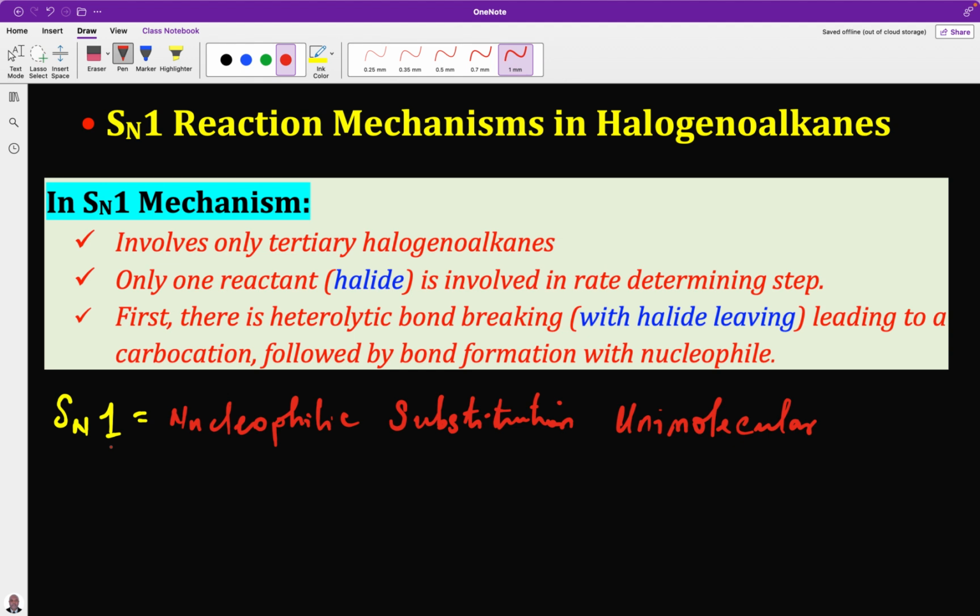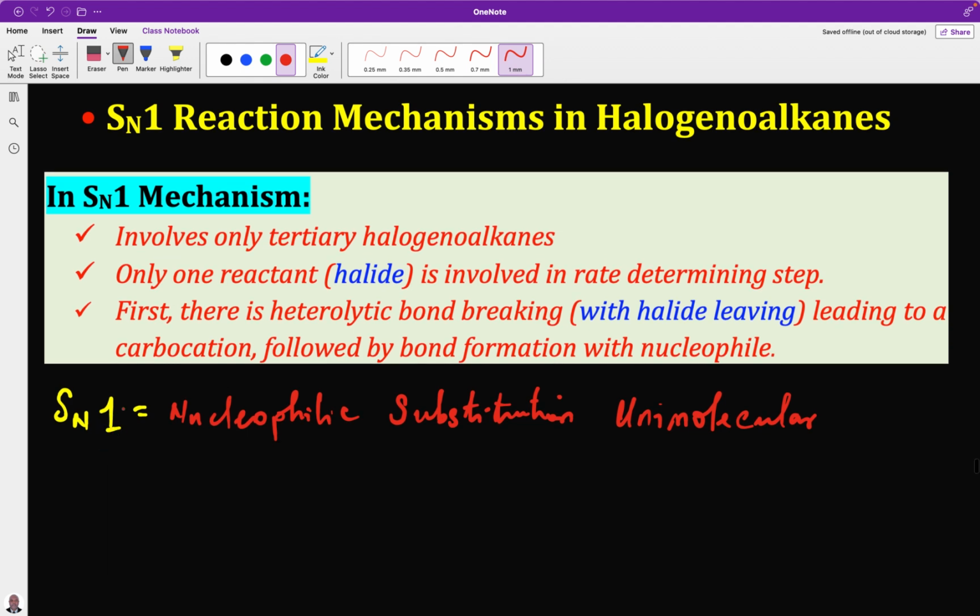So now, SN1. We have said it is nucleophilic substitution unimolecular. What is the type of halogenoalkane involved in the SN1 mechanism, and how does it happen?